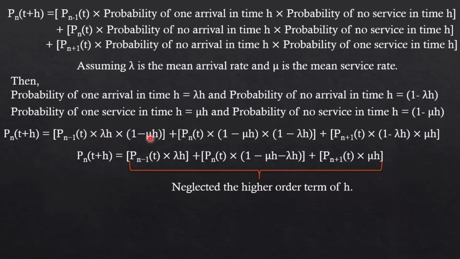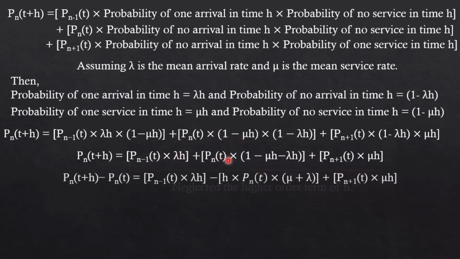Similarly here, mu h into lambda h will be h square, we have neglected it. Here also we have lambda h mu h, which is h square, so we have neglected that term, and our equation is reduced to this form.